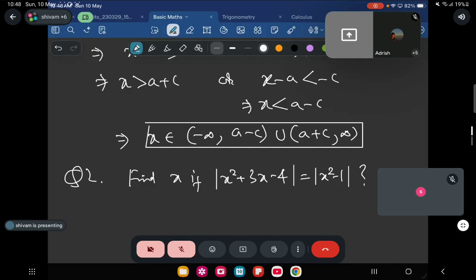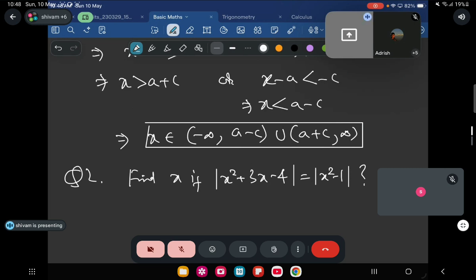By cancelling x minus 1, you are saying that x cannot be equal to 1. But x can be equal to 1. That's why never cancel, always take common.